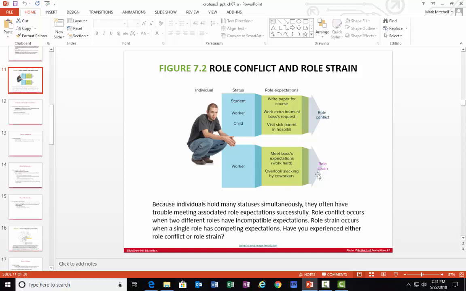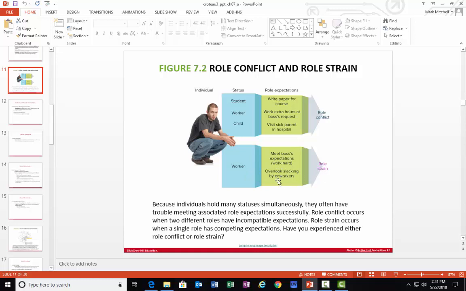I'm trying to use S all the time. But you can see the social position is a worker, and then that worker has 2 roles that he or she would have to somehow manage. So one of the complications here is to meet the boss's expectations and then overlook slacking coworkers. So there you've got to meet both of these, and that's where the strain comes in.